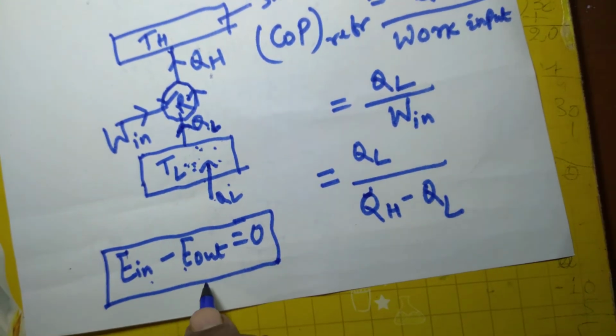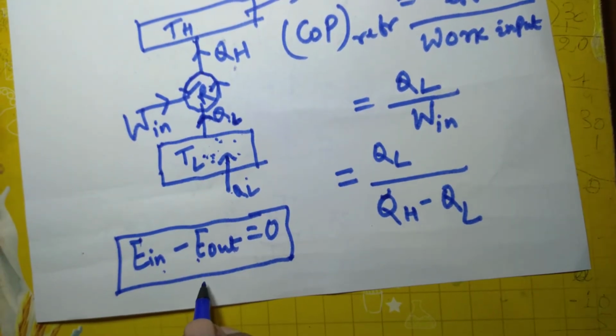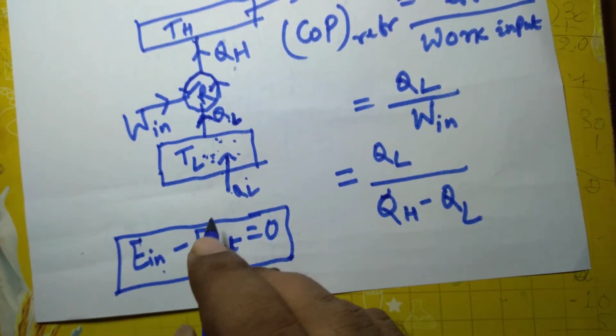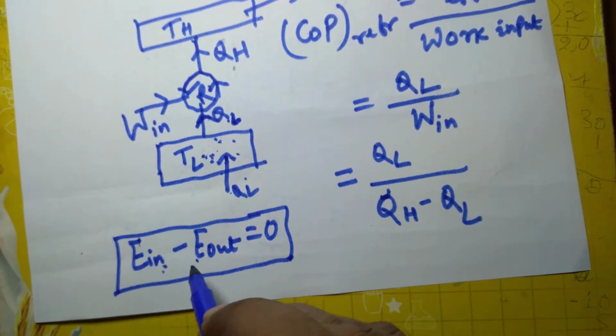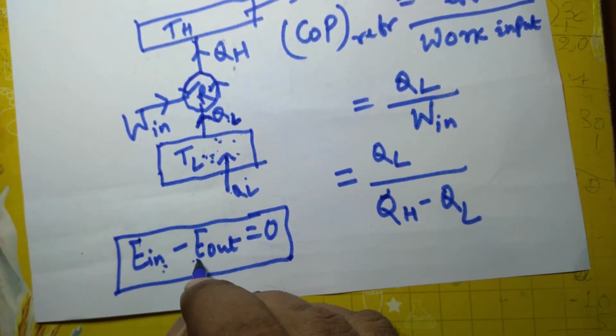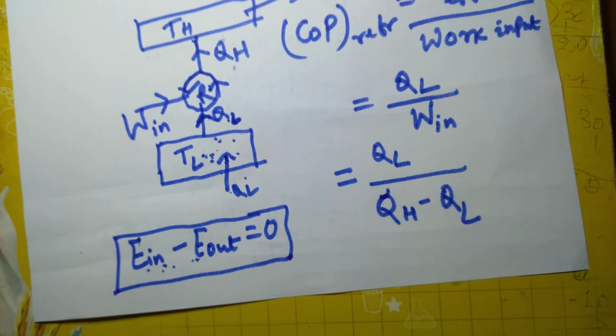The cyclic integral of delta E is equal to 0 because energy is a property of the system. Since the final state is identical with the initial state and energy is a property, E in minus E out will be 0. There will be no change in the energy because the system comes back to its initial state.